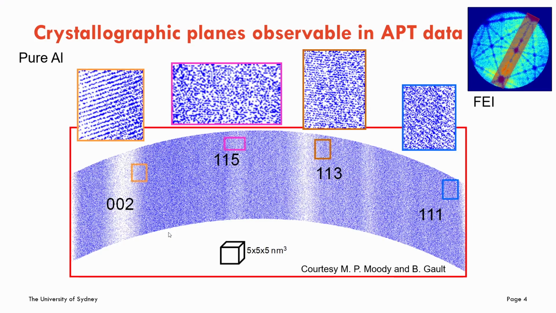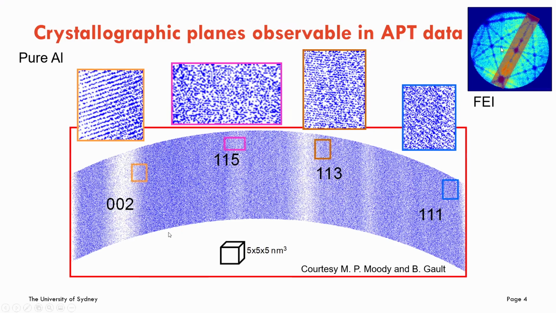So to do crystallographic calibration, obviously you need to have some crystallographic information contained within your data. And I like this slide here from my co-supervisor while I was doing my PhD, Michael Moody, and I think Baptiste Gault may have contributed this too. This is a pure aluminium data set.